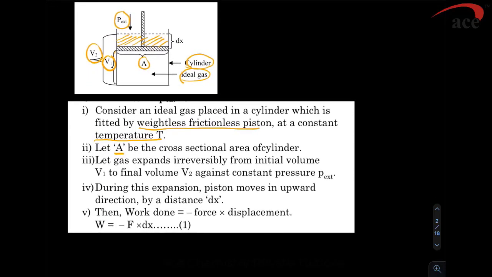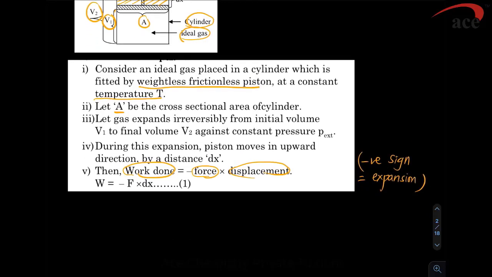As per our scientific logic, work done is given by the formula force multiplied by displacement. But why the minus sign? The negative sign indicates expansion. So, our formula becomes work is equal to minus force multiplied by displacement dx.